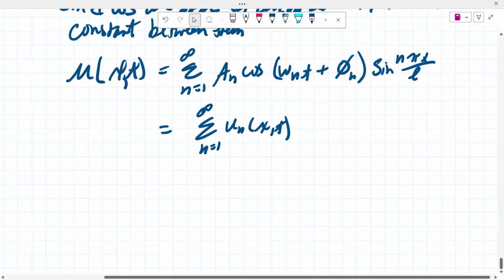Let's consider the interpretation of the classical wave equation solution.